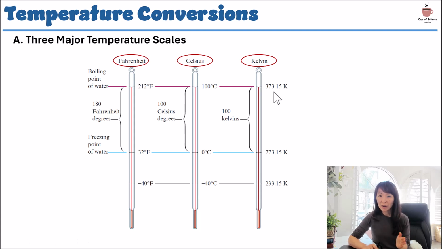How about when water freezes? That's at 0 degrees Celsius. And at 0 degrees Celsius, the temperature in Kelvin is a whopping 273.15 and Fahrenheit 32. So you can see this vast difference in value.